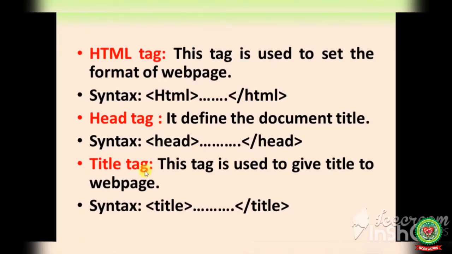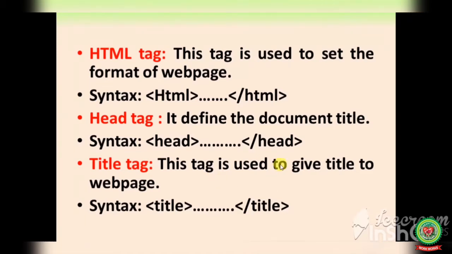Next is the title tag. Title tag is used to give a title to the web page. Title is also a container tag. Here we write the name of the web page in between this title tag. So students, these three tags are compulsory before starting any document for creating a web page.